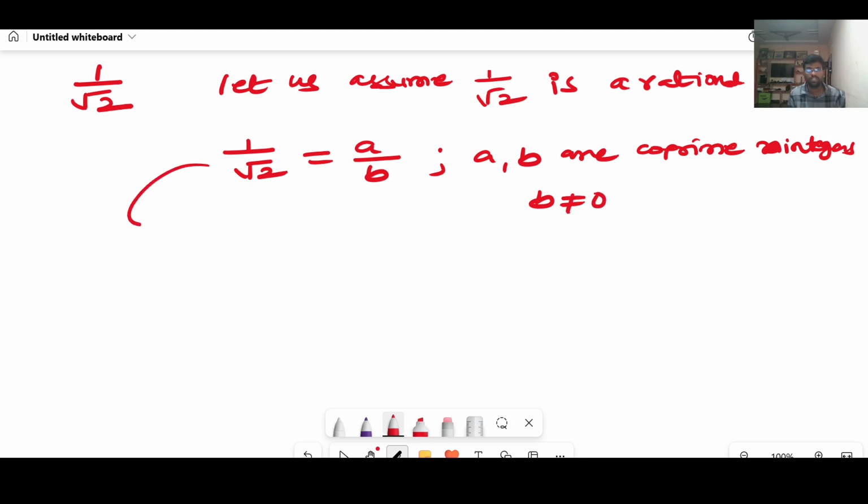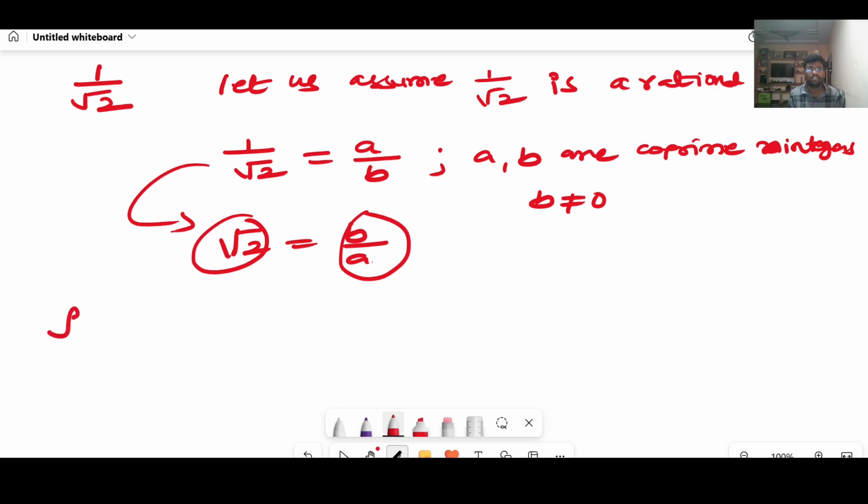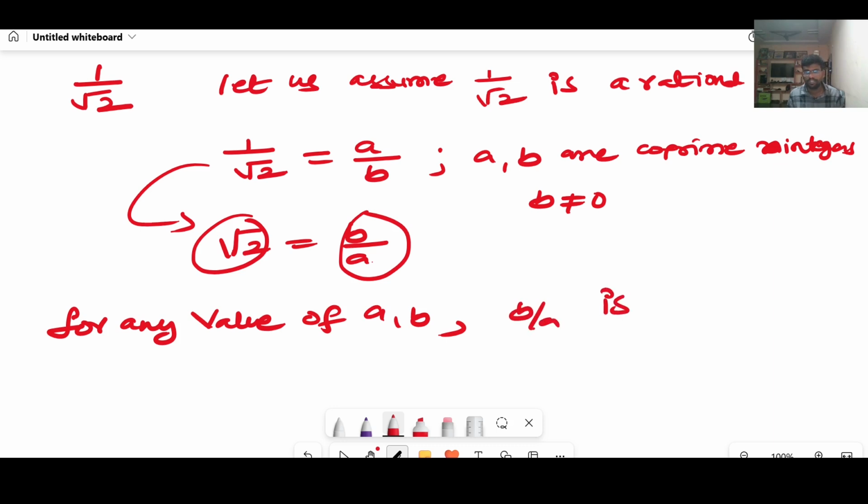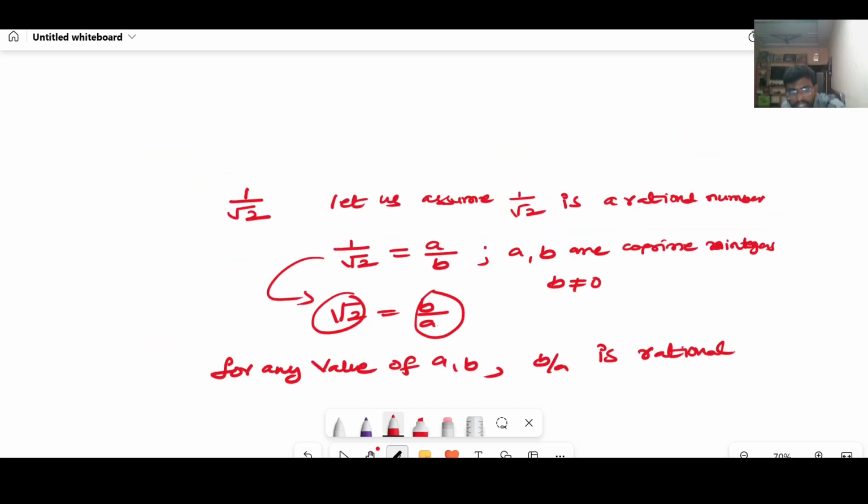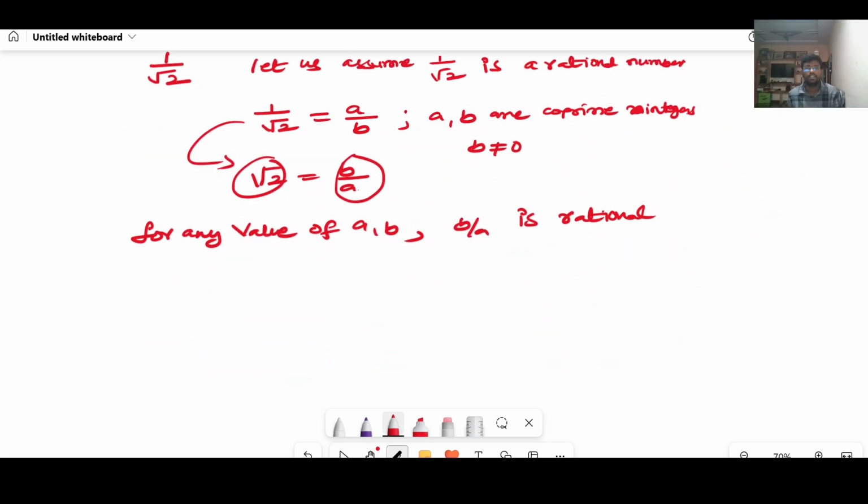I will do the reciprocal here. It will become root 2 equals b by a, right? Look at here, root 2, anyway we know root 2 is an irrational number, and here for any value of a comma b, b by a is a rational number.